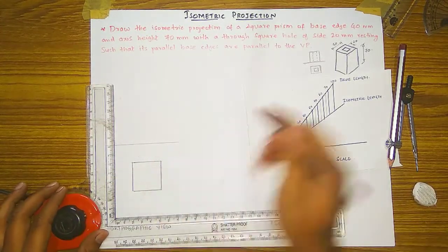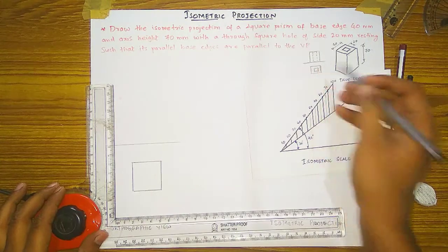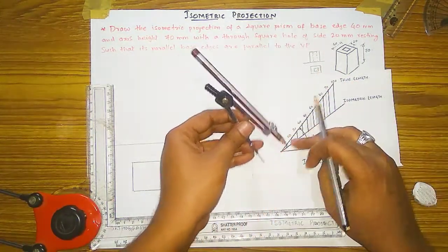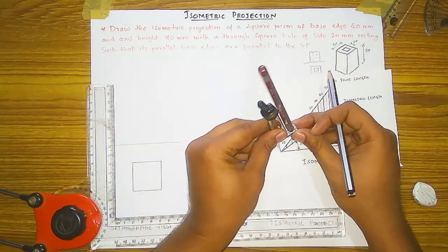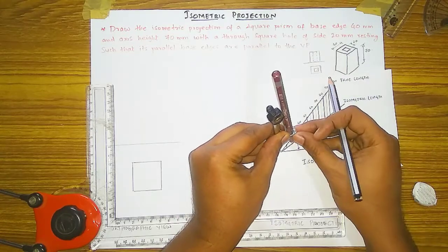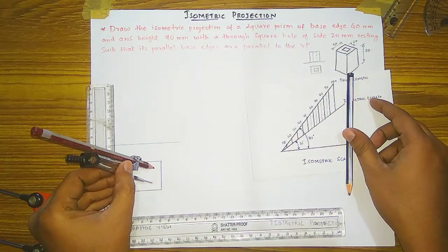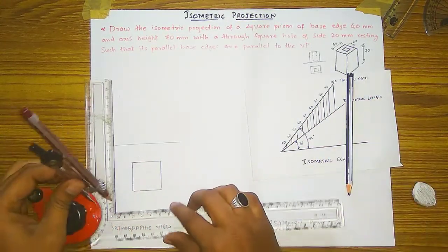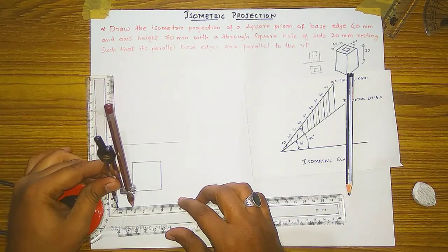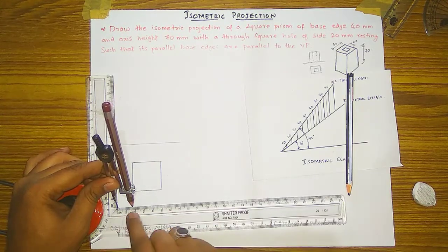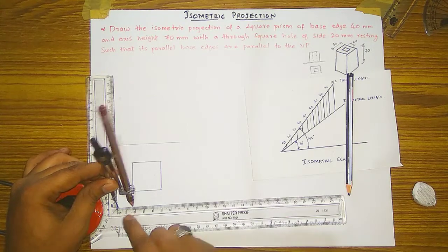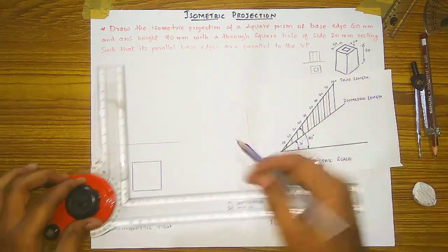Then one more square is there of 20 mm, but for 20 mm we have to take the isometric length on the divider. This much length only we have to draw this square. So I will adjust that length on the scale and I am getting 1.6 mm.